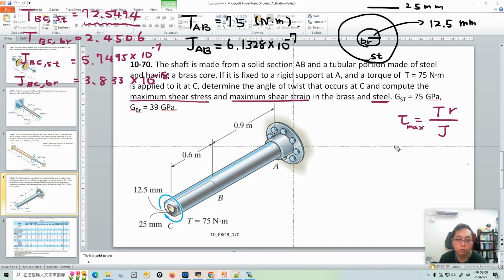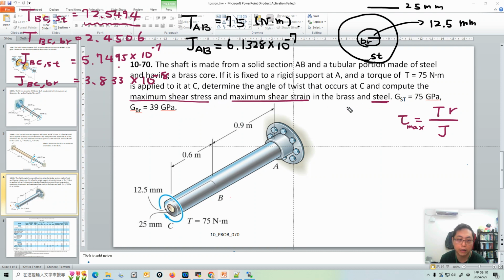Also J_AB and J_BC for steel are different. So you calculate the maximum shear stress at AB and BC for steel.